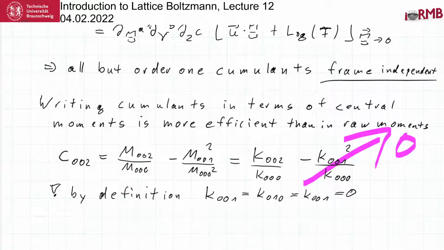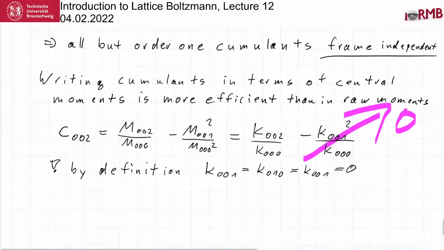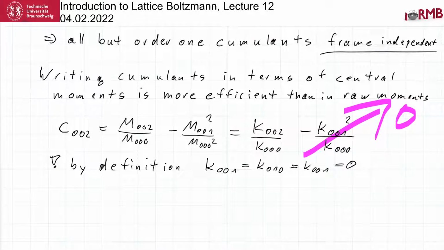And this makes calculating cumulants from central moments so much more efficient than from raw moments, because in particular at high order moments, there are very, very many terms in these equations that depend on the first order moments. This is something that we come to in the next lecture, how we actually efficiently compute cumulants.